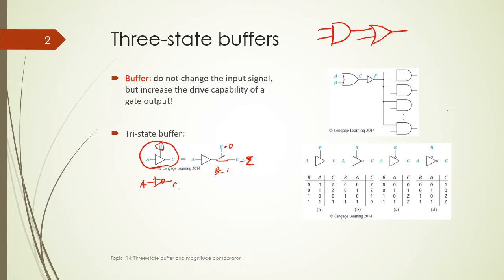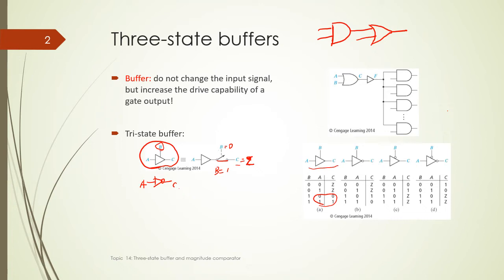But depending on the active level of the control input and the output, we have 4 versions of the tri-state buffer. The first is the normal version. B is active high. So this 1 will turn on this buffer, right? When B equals 1, C will follow A. But if B equals 0, it doesn't matter what input you have, the output is always Z, high impedance.